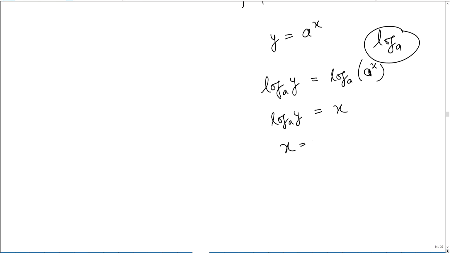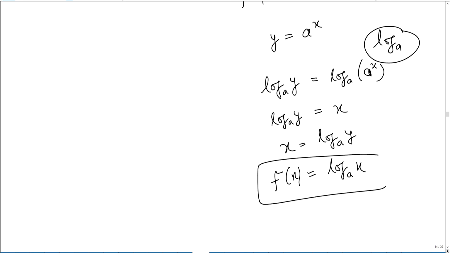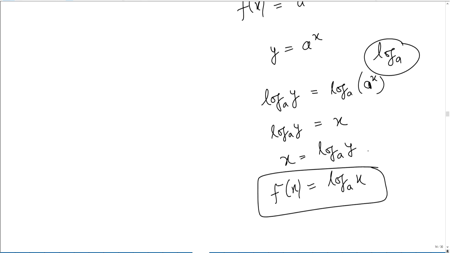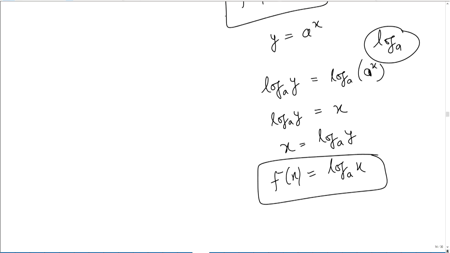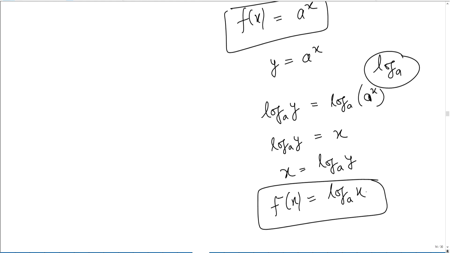So, x equals log base a of y. Now, in the final step, we will replace x by f inverse of x and we will replace y by x. So, this is the inverse function of our original function f of x equals a to the power x. Its inverse function would be log base a of x.